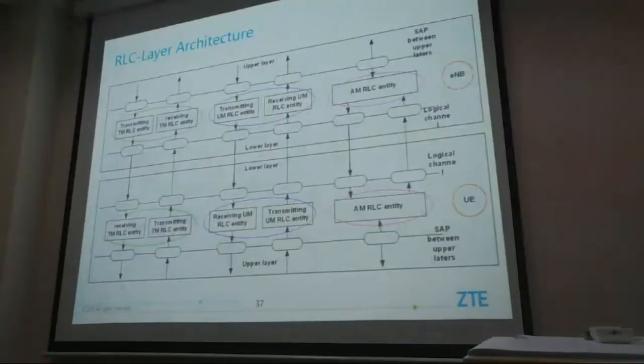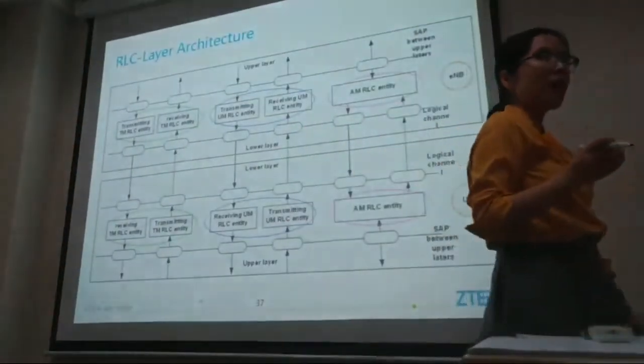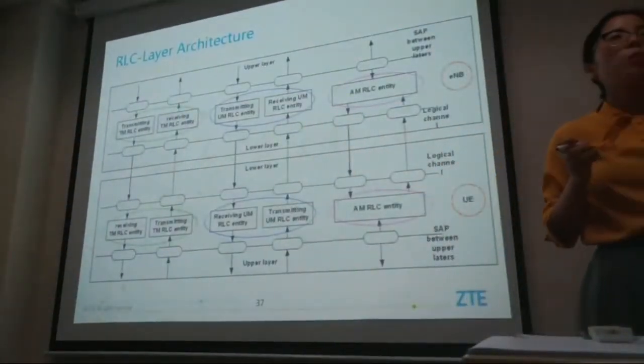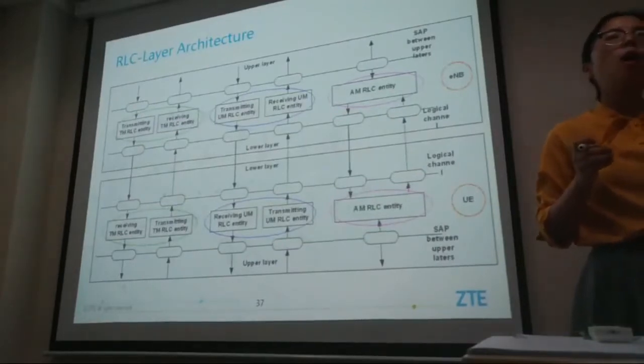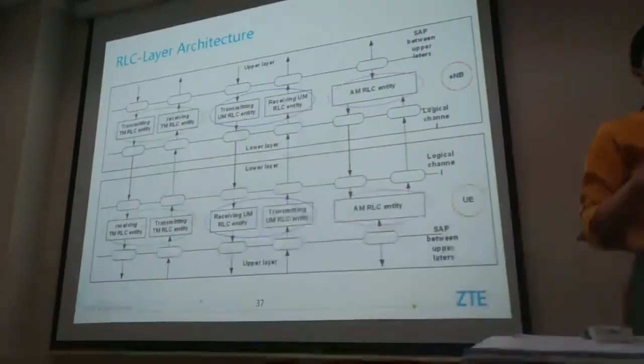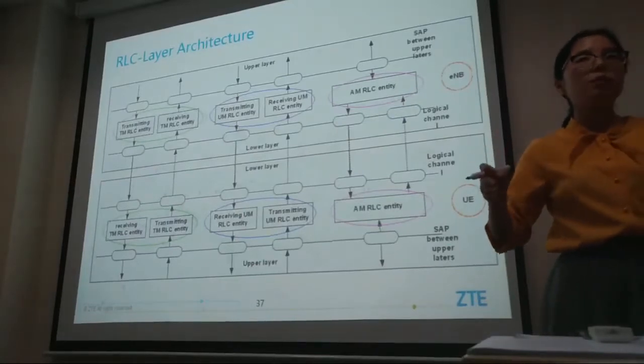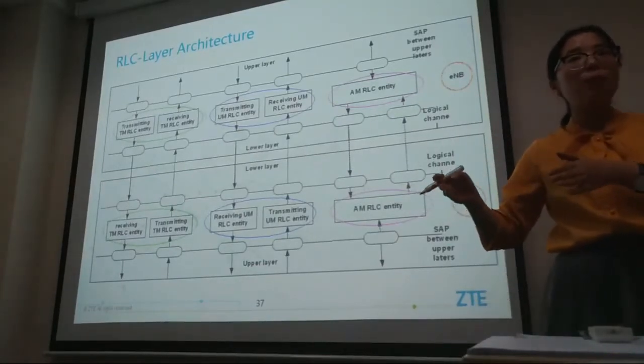For that, we name it transparent mode. All of the channels we transmit have these 3 modes: TM, UM, or AM. You can only select one. For some information, we will select TM; for some, UM; for some, maybe AM.